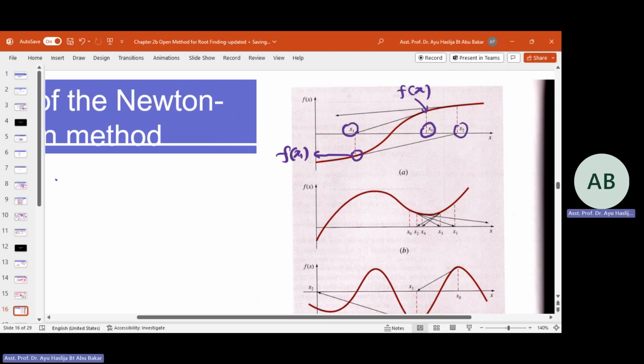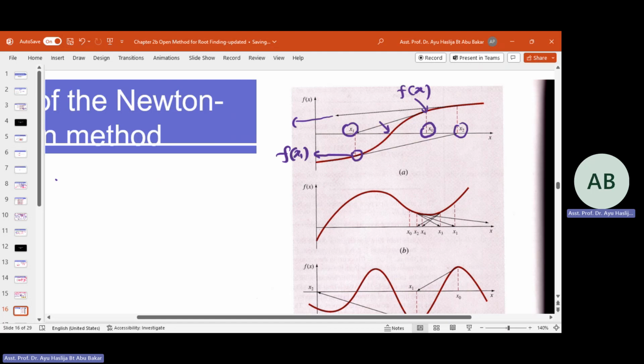So you see the trend from here after x2, it is going somewhere else, diverging from the root, whereby it should be converging to the root, right? So this is the pitfall of Newton-Raphson, because it depends on the slope of the point, and it depends on your starting point and also the function.